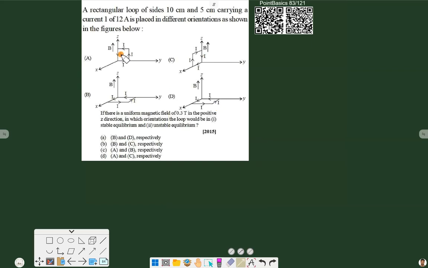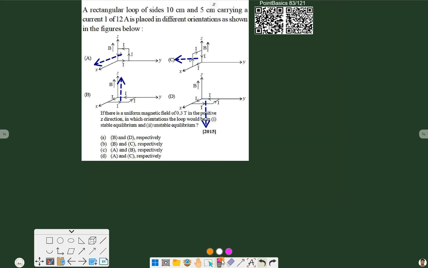So here in this one, the magnetic dipole moment will be in the positive x direction. Here the magnetic dipole moment is in the negative y direction. Here the magnetic dipole moment will be in the positive z direction, and here in the negative z direction.